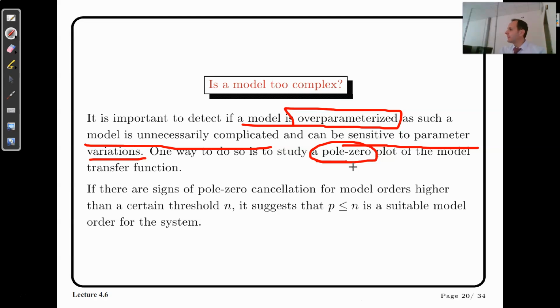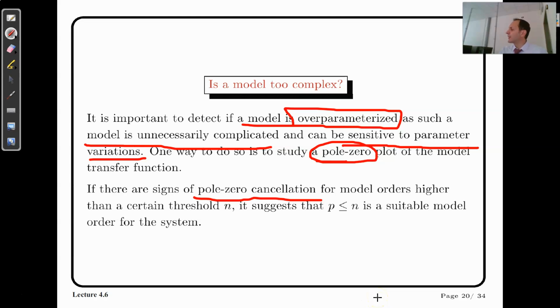When you introduce too many poles and zeros in your parameterization, more than required, the only way for the model to warn you is by introducing a pole-zero cancellation.